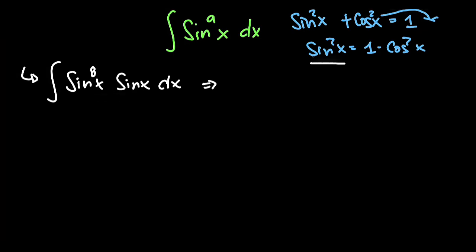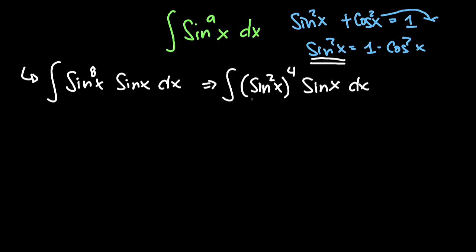Next up, since what we want to have here is a sine squared of x, we would want this to be condensed. And so this would be the integral of sine squared of x raised to the power of 4, because 4 multiplied by 2 would be simply 8. And copy the rest.